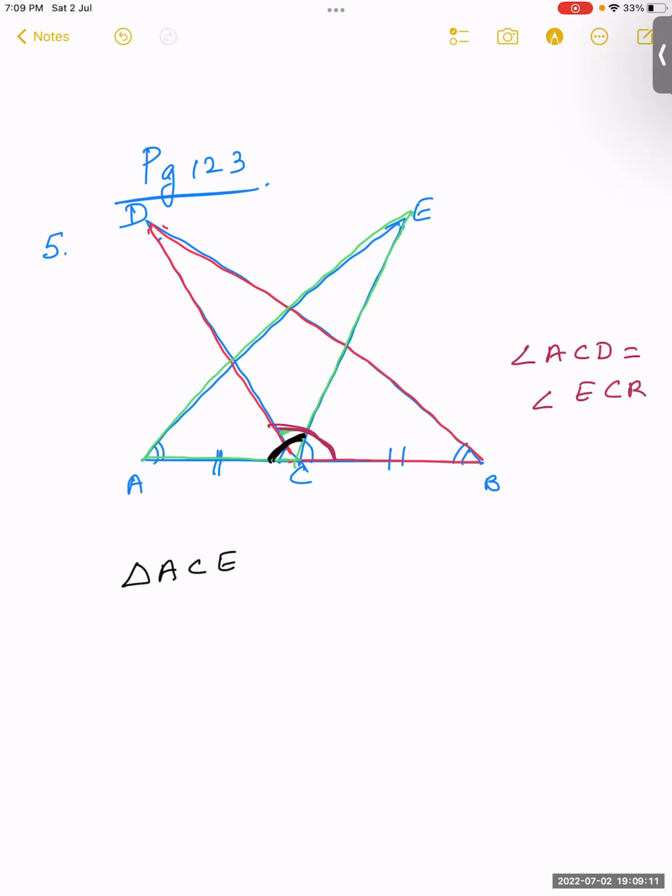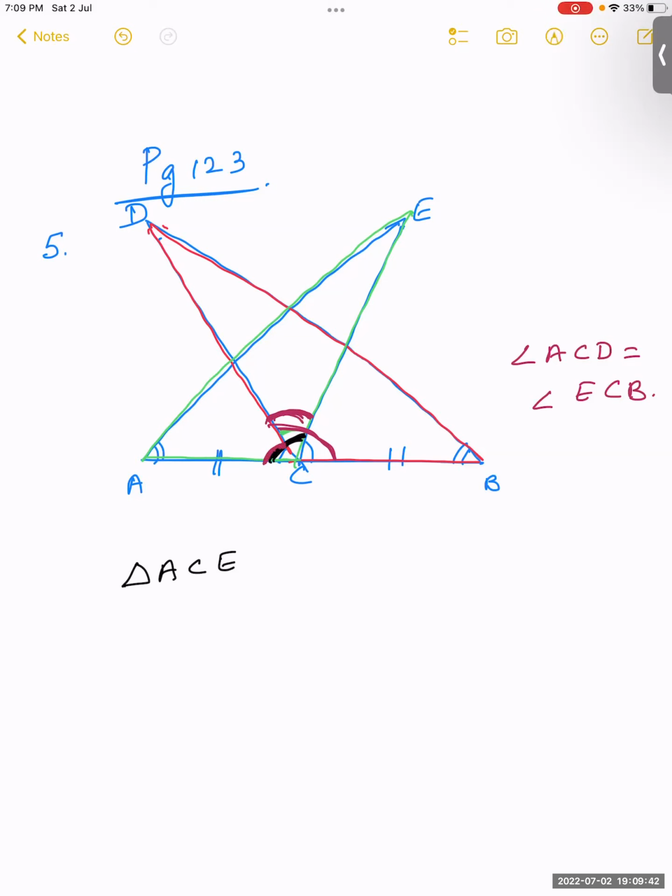This is the common part in both the triangles, is it not? Both the triangles' common part is just this part. So it has to be equal, right? Did you understand the logic? This part is what I need for this angle. This angle requires this part to complete the angle C.